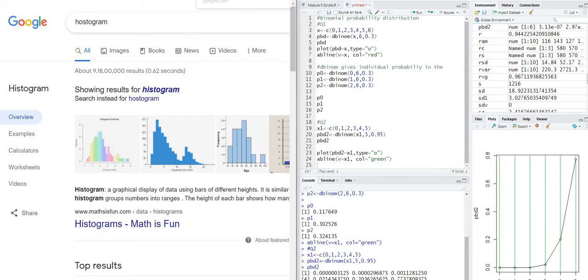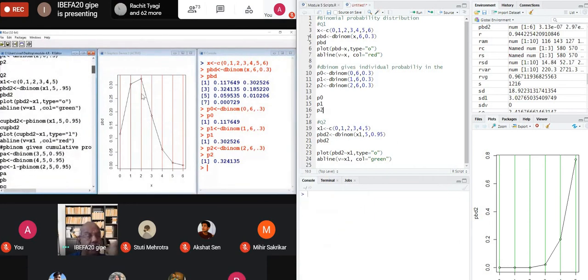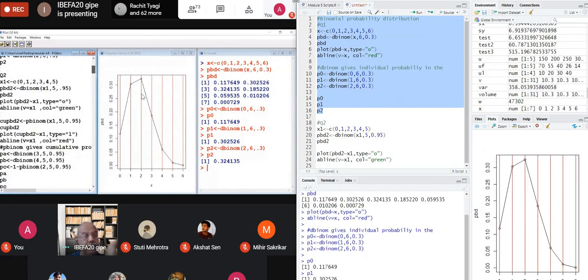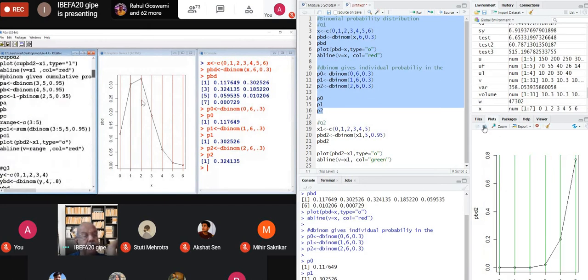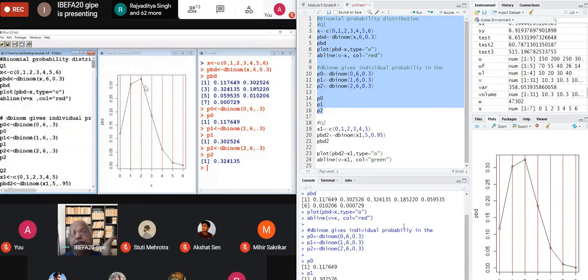You can see how this works; I will be doing it slowly. But this is question number 1. Suppose in your class test there is a multiple choice question.